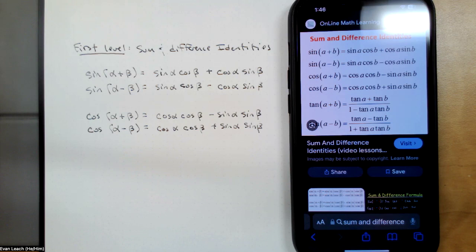This is one of those situations where if you remember one, you kind of get the other three for free. If you remember the things that you have to look for in the pattern. Also notice we've got these two for tangents.